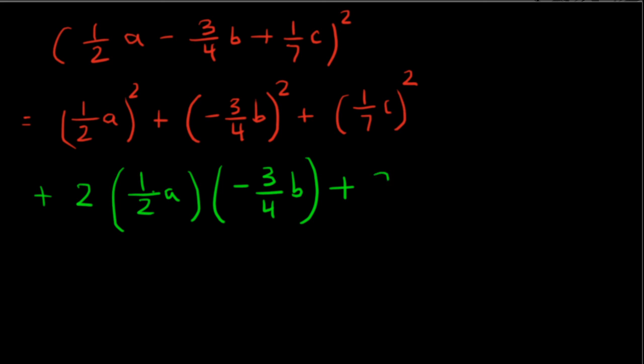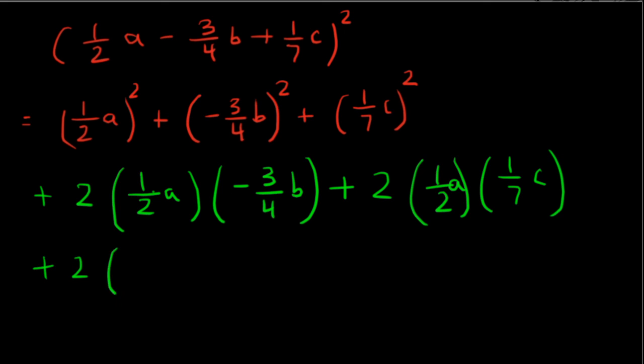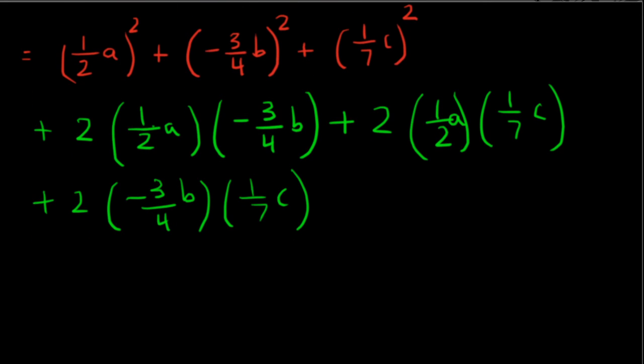Let's try that again. So it's 2 times all the A's and the C's. And the last one will be the B's and the C's. All right, so all that's left to do is to simplify. We'll just be going step by step each term and simplifying it.